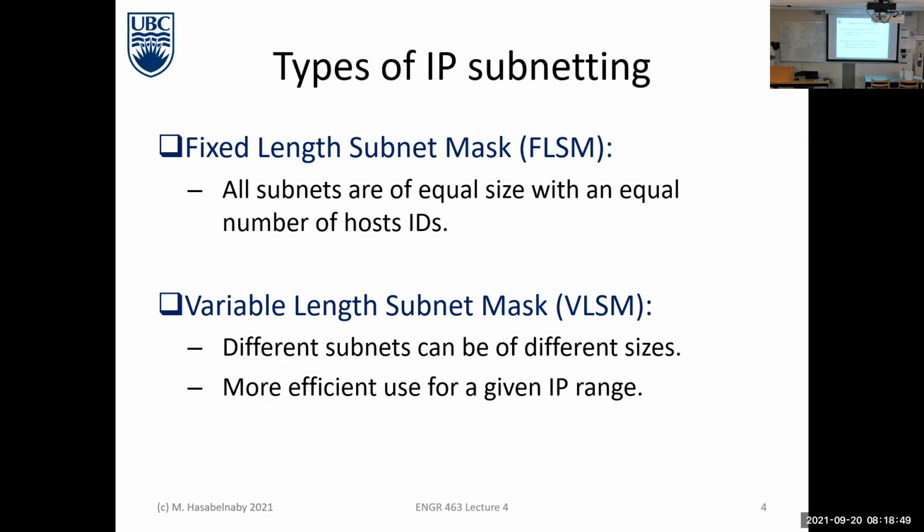Actually, here you have 20 devices, for example, and here 10 devices. I will allocate to this department the same number of IP addresses as I will allocate to this network, no matter the number of devices here and the number of devices here.